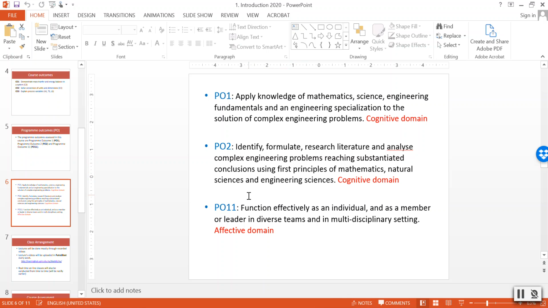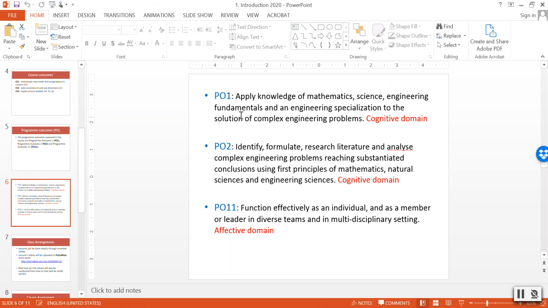We also need to assess you in terms of program outcome number 11, which is to function effectively as an individual and as a member or leader in diverse teams and in multidisciplinary settings. If you refer back to the briefing given by the academic coordinator, we have all these program outcomes to assess you as an overall student, and this is required for us to achieve the accreditation given by the engineering council.